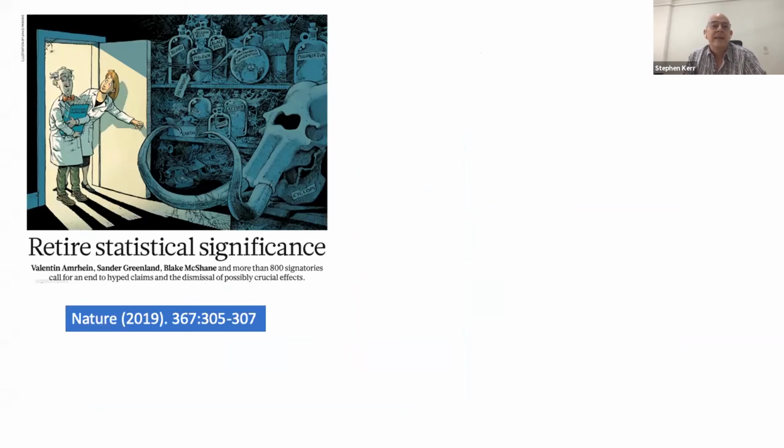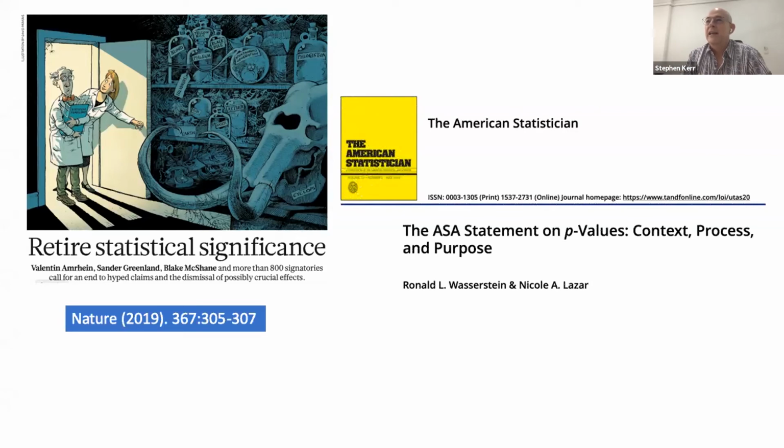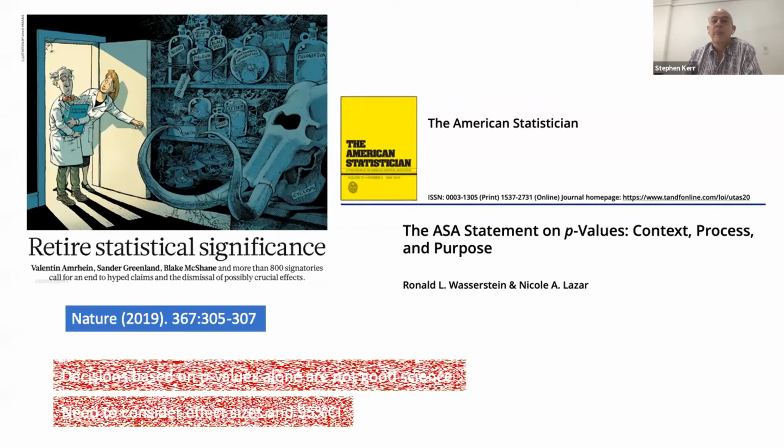And in the scientific and medical literature in the last 2 years, there's been a very big shift from journals letting people say that less than 0.05 is statistically significant, to really asking people to think about the clinical implications of their findings based on effect sizes and confidence intervals. Another good article to refer to is this one from the American Statistician and the retire statistical significance article that was in Nature.